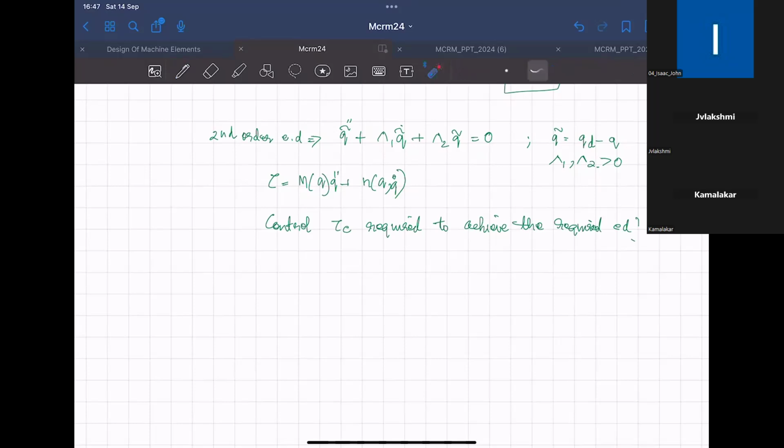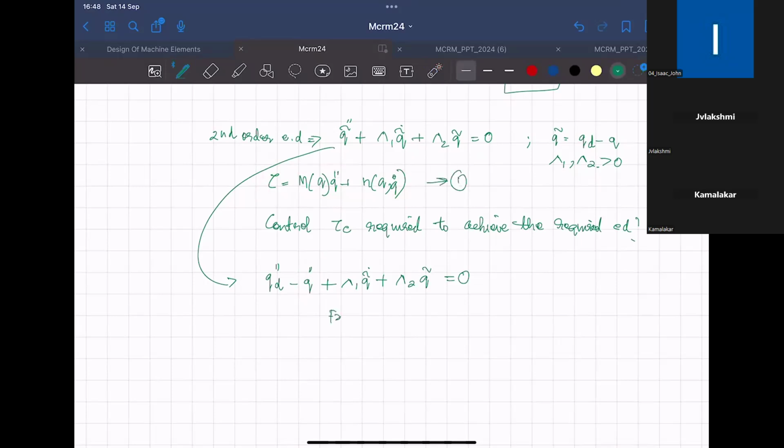Because if this is your desired dynamics, I'll rewrite this equation like this. So instead of q tilde double dot, I can write this as q desired double dot minus q double dot plus lambda 1 q tilde dot plus lambda 2 q tilde. This will be 0. And instead of this q double dot, I can use the dynamics equation, which I'll label as equation 1.